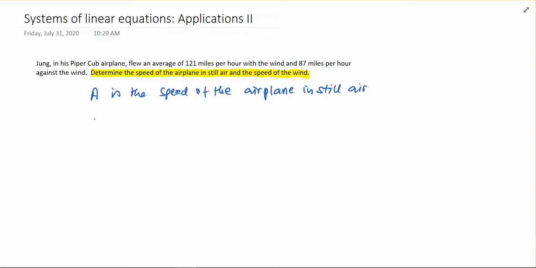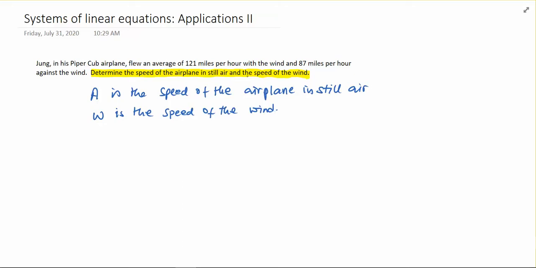And let's say W is the speed of the wind. Alright, so we don't know two things. That means we need two equations.